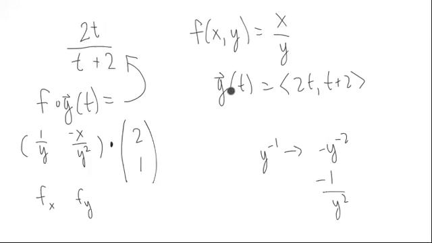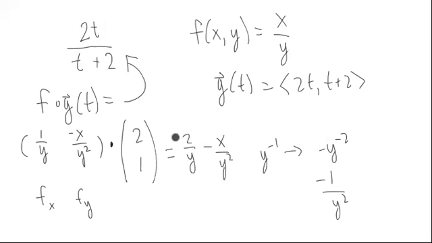The derivative of this is 2, the derivative of that is 1. We write it as a column here because we think one input and then the two outputs for the different rows. We take a dot product and we end up getting 2 over y minus x over y squared.